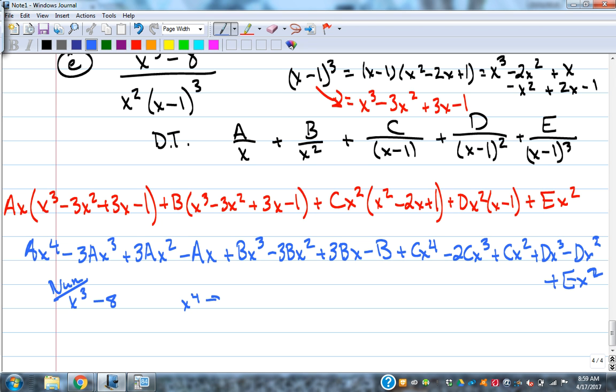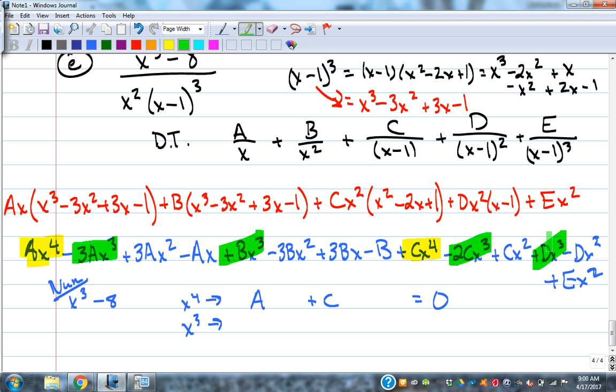So for the x to the fourth equation, we get all the stuff that's got x to the fourths. Maybe a highlighter helps. There's x to the fourth, and there's an x to the fourth, and that's it. So that would be a plus c should be equal to 0. X cubes. There's an x cubed in a, b, c, and d.